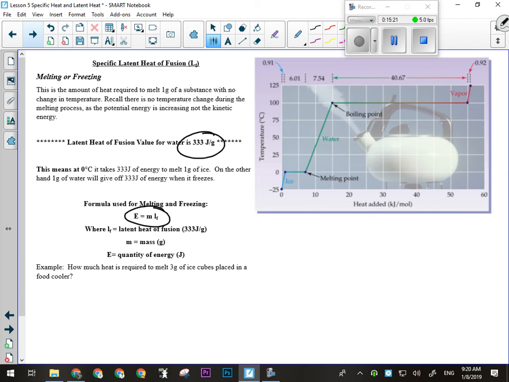It's pretty straightforward. So if I put 3 grams worth of ice cubes in a drink, how much energy can they absorb? 999 joules, right? Because I've got 3 grams of ice in the drink, it'll absorb 999 joules worth of energy while it melts.